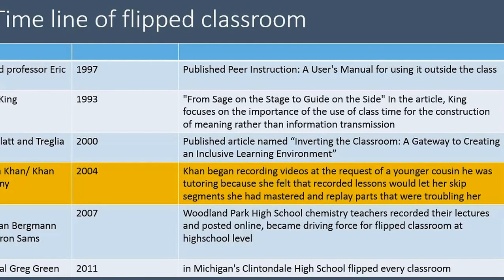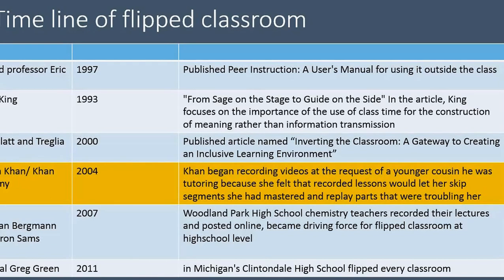In 2007, at Woodland Park High School, there was a chemistry teacher. I have shown the photos of both gentlemen, Bergmann and Sams. They are actually the pioneers in this, and Principal Green is also a major contributor in this flipped classroom.